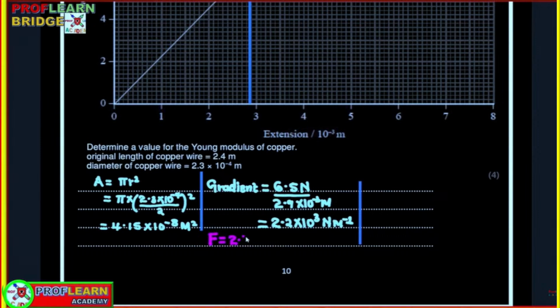So this is what that constant of proportionality is telling us, that a force of 2.2 times 10 to the power 3 provides an extension of 1 meter. So meaning from this information, since we know even the area, we can work out the stress, and we can also work out strain.